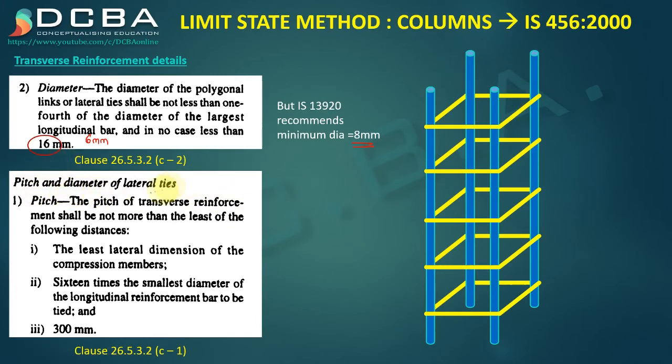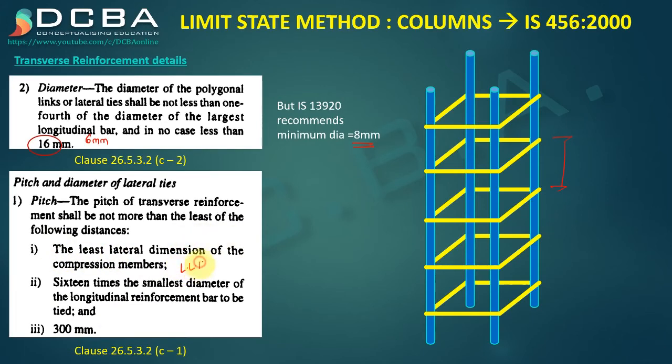Next is pitch of lateral ties. So the pitch of transverse reinforcement shall not be more than the least of the following. Pitch is nothing but this distance, the vertical spacing we can say. First, the least lateral dimension of the compression member. So from the following 3 criteria, it should be the minimum of them.